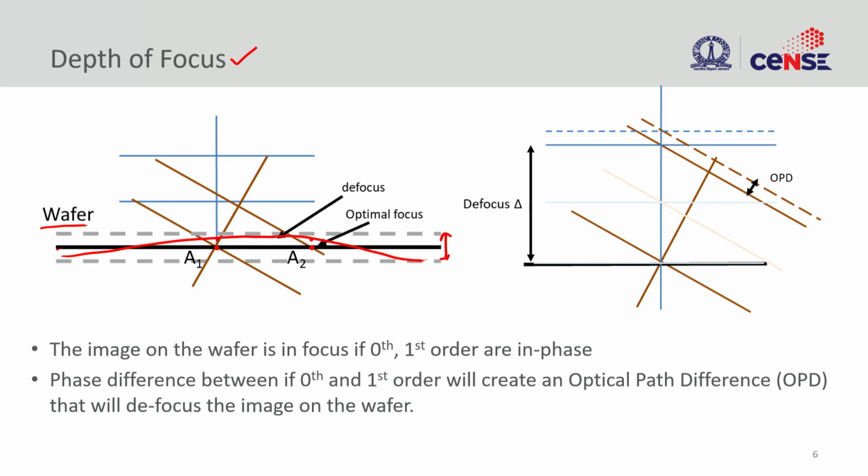So I would like to bring one of the practical scenarios that you must have encountered when you are using an optical camera, in this case a manual camera. If you want to focus onto an image, you will change the lens position. So you will be in focus, and if you go beyond that optimal focus, the image will get blurred.